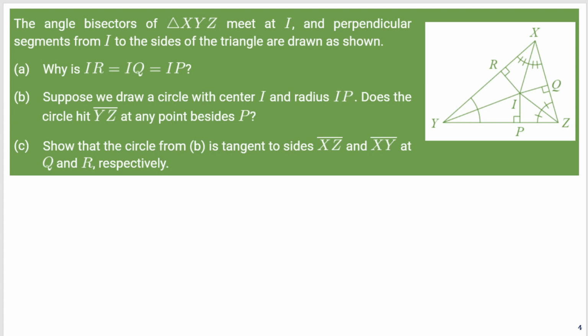Does the circle hit segment YZ at any point besides P? Next question, show that the circle from question B is tangent to sides XZ and XY at Q and R respectively. Okay, I'll give you 3 minutes to consider this question by yourself, and then we'll have a look at the solution together.